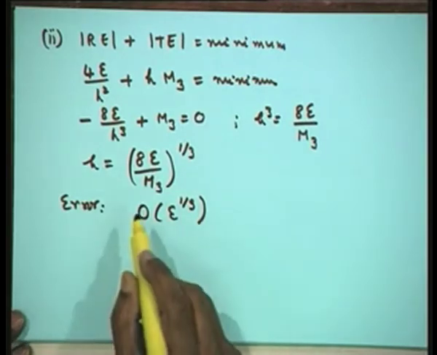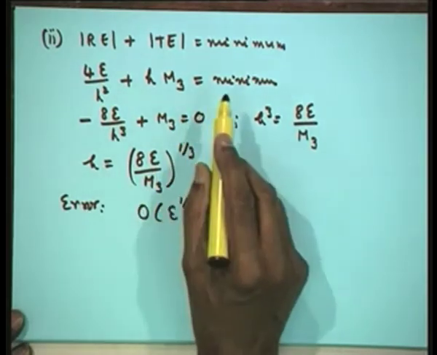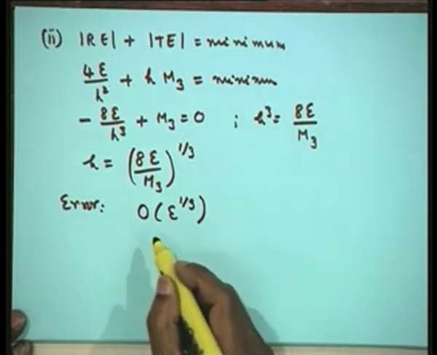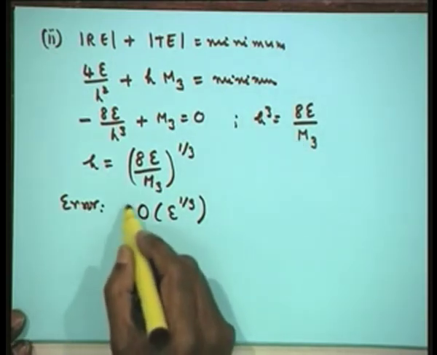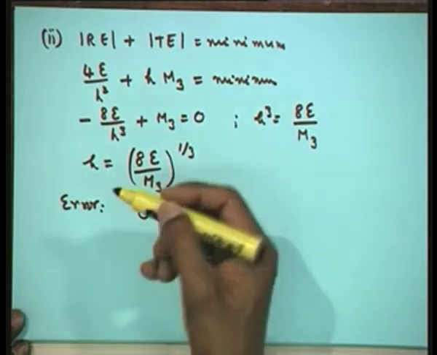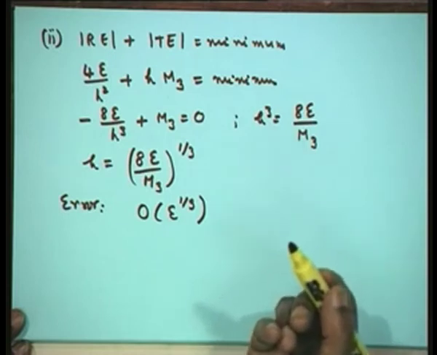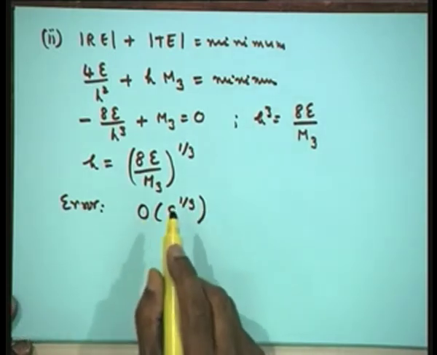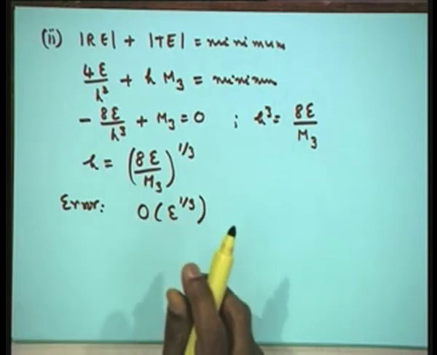Therefore, even though we make the sum of these errors a minimum, we are still not improving the result substantially, except that the constant that is multiplying may be smaller in one case and bigger in the other case. Therefore, this is how the loss of significant digits can occur in numerical differentiation.